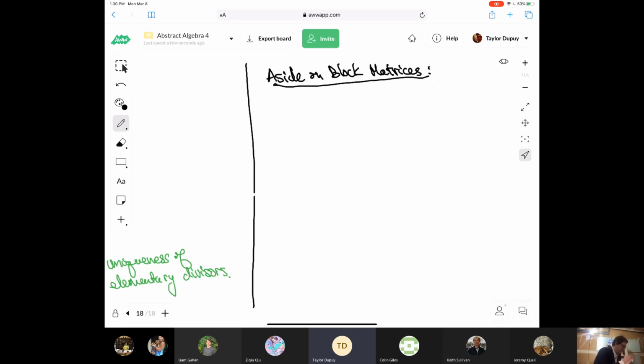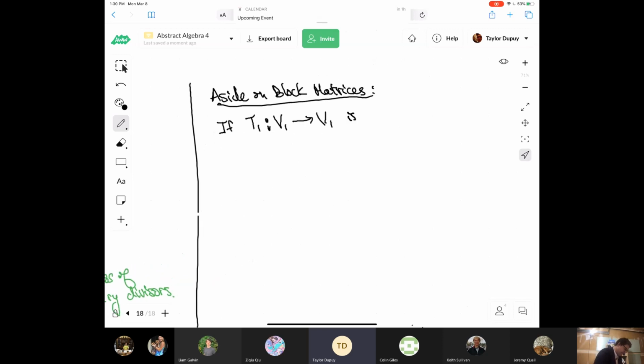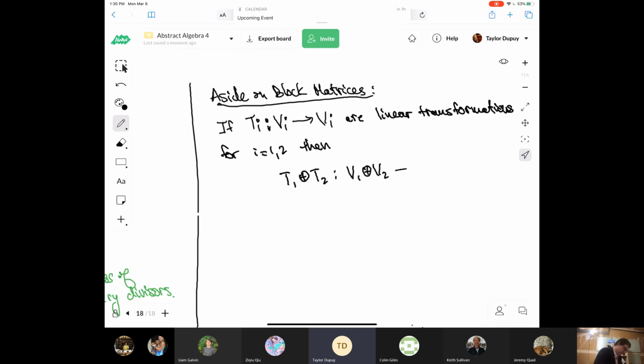So if T_i are linear transformations for i equals 1 and 2, then we get a new transformation, T1 direct sum T2, from V1 direct sum V2 to V1 direct sum V2, which is also a linear transformation.